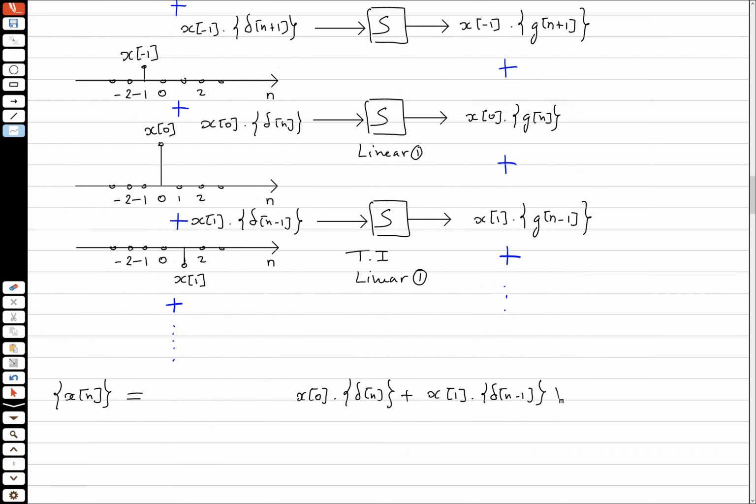I'm going to put one more term, but we don't want to forget the negative shifts.